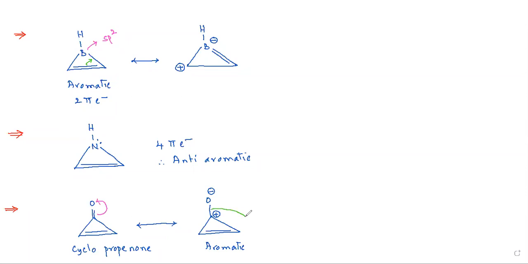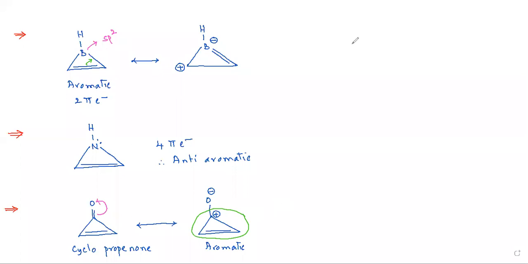Consider this. It has got 2 pi electrons. Of course, the positive charge makes rounds in the ring. I mean, it undergoes cyclic delocalization.